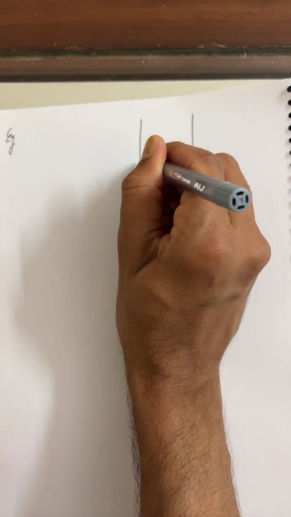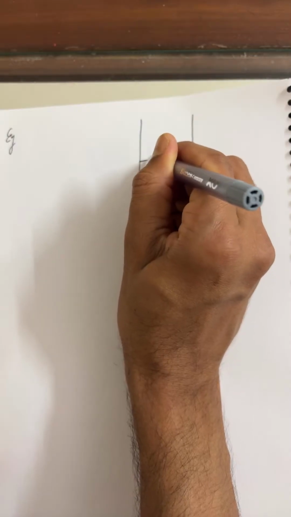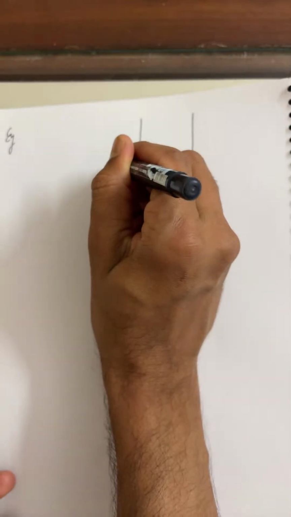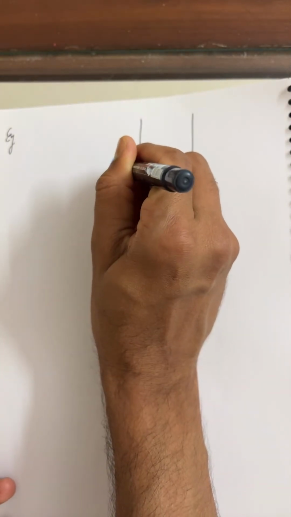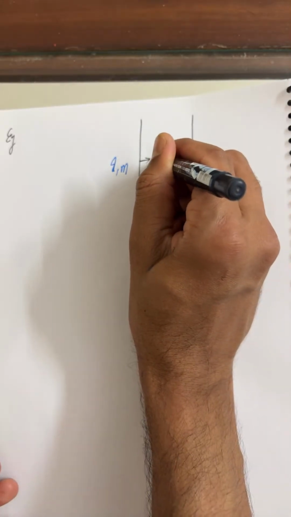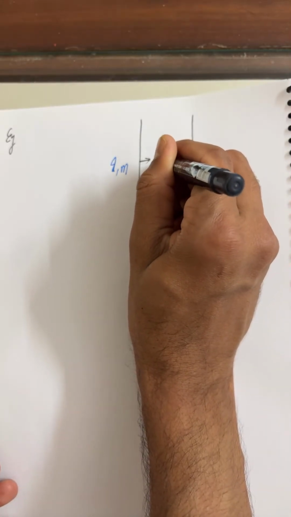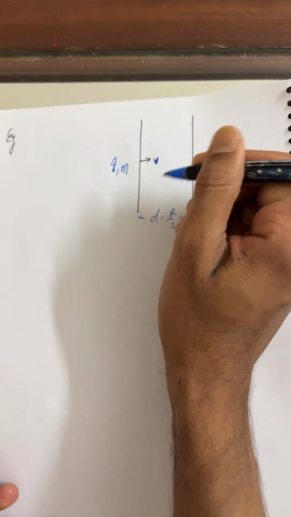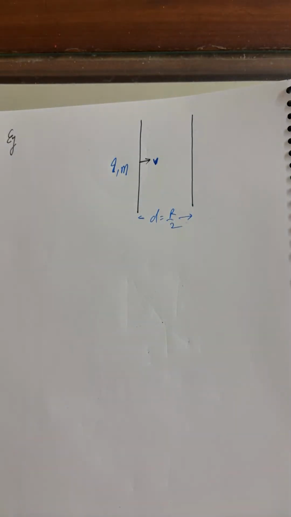Let us say a charged particle of charge q and mass m is entering from here, with velocity v.